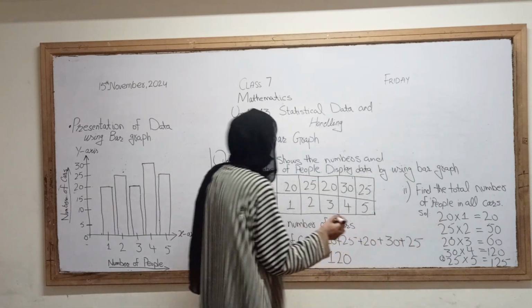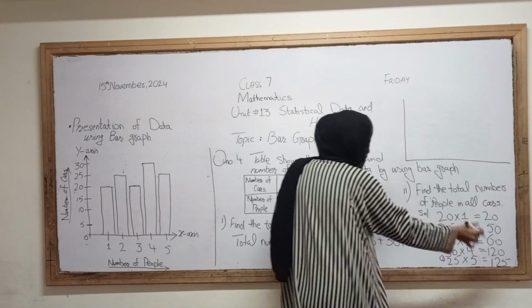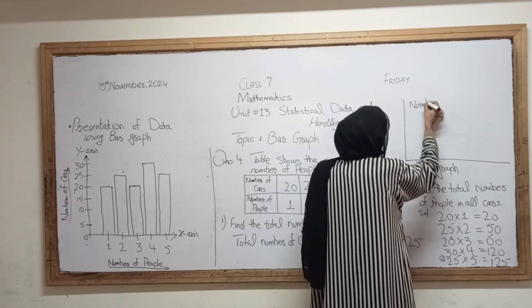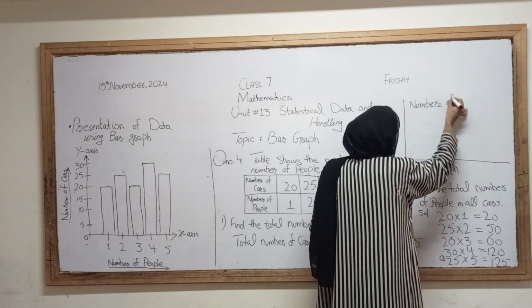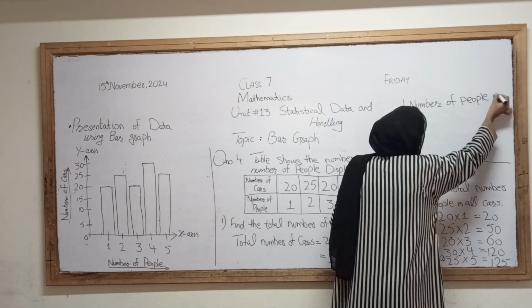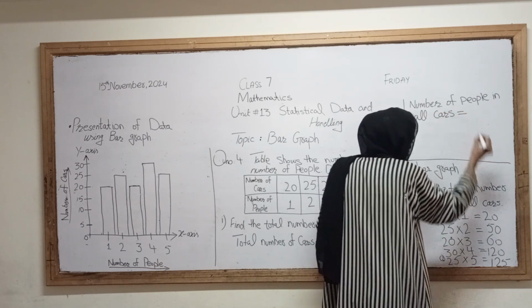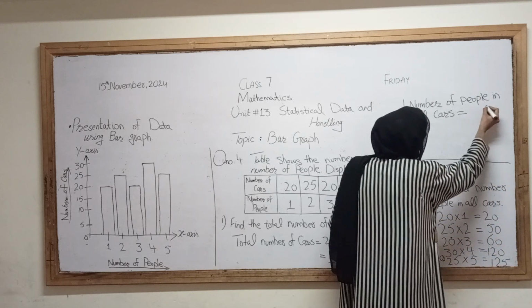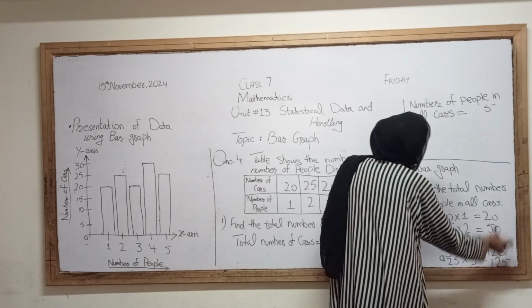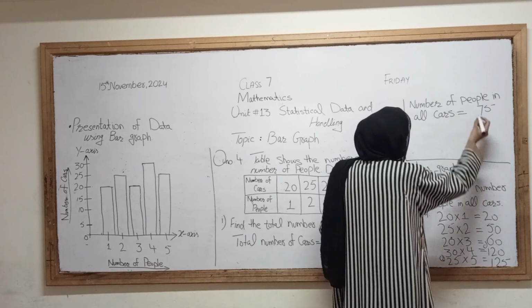What you will get, your answer will be the number of people in all cars is equal to 5, 8, 13, 15 and 2, 17, 7, 1 will carry 1, 2 and add 1, 3.